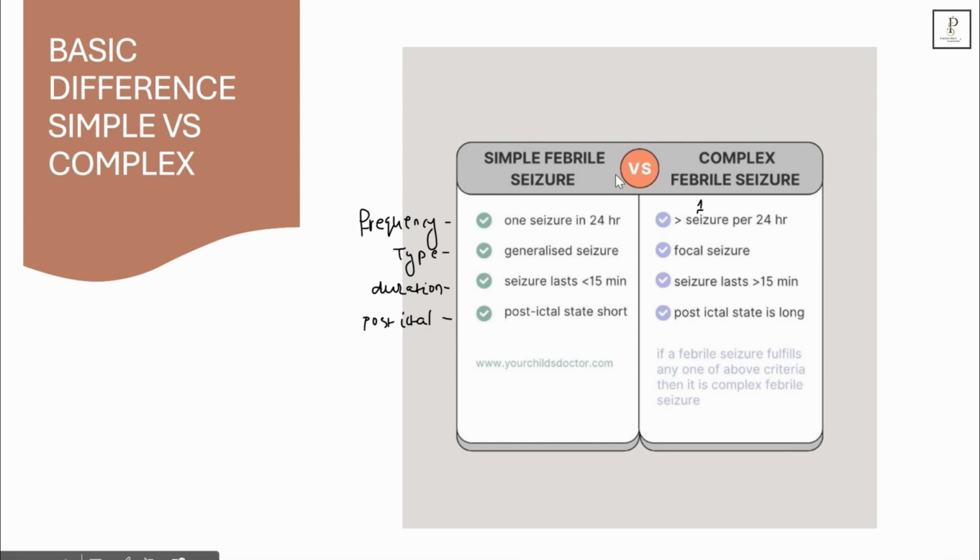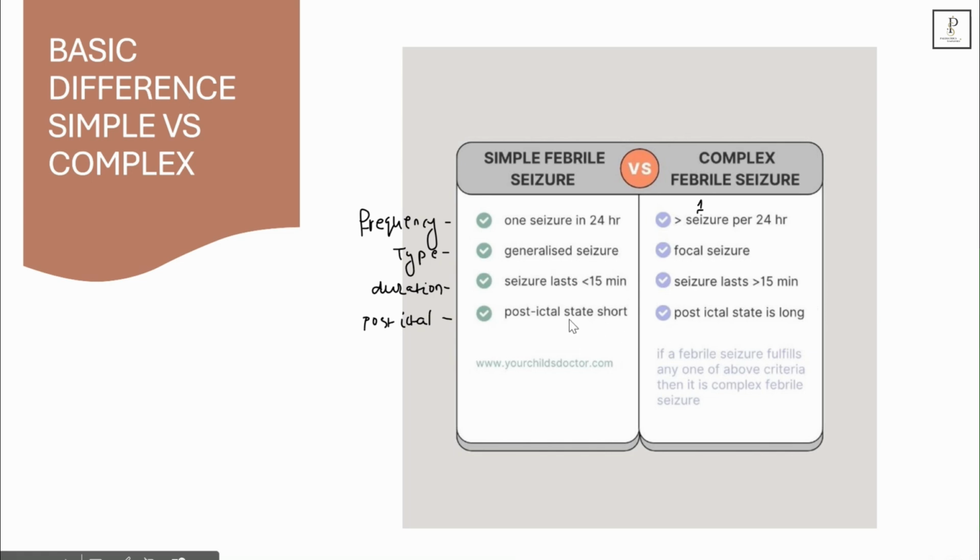In complex febrile seizure, the frequency of seizure is more than one episode in 24 hours. It will be a focal or partial or unilateral seizure. The seizure duration will be more than 15 minutes and the post-ictal state will be long.